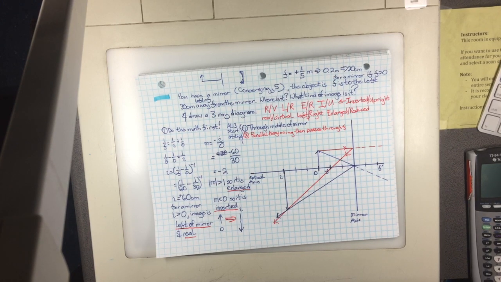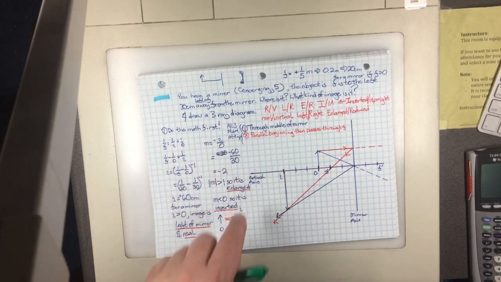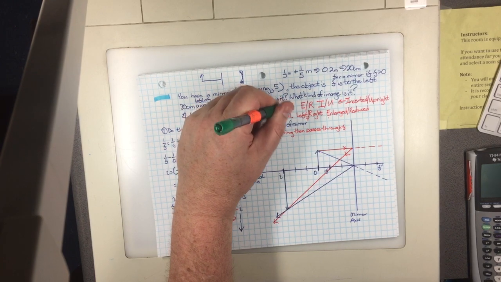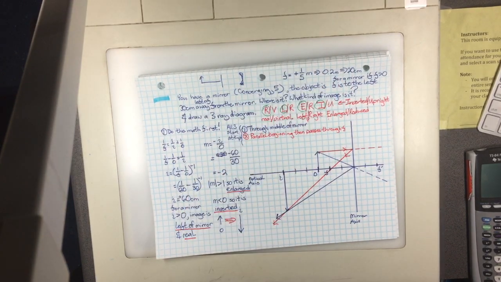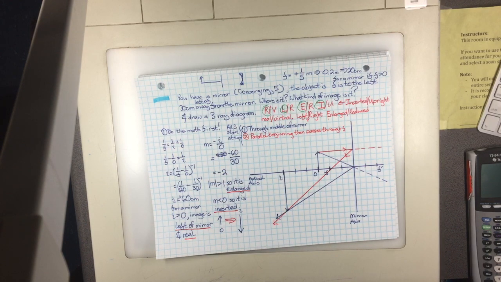What you drew does not agree with the number that you determined. So you either got the math wrong or you were bad at drawing. That is what I'm looking for. The majority of the points, in my opinion, I'll have to talk to the grader about this, is to get that number and describe this. How I would just go real, enlarged, inverted, and just circle them, or I would just write RLEI and just leave it like that.